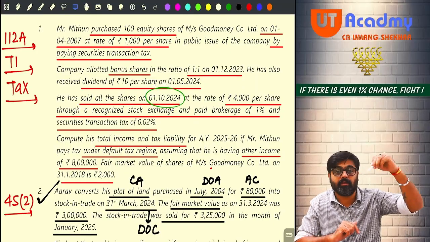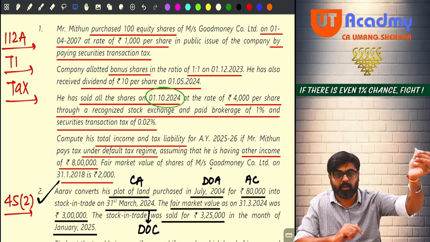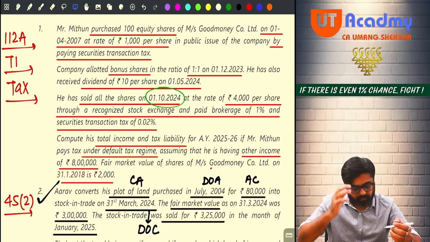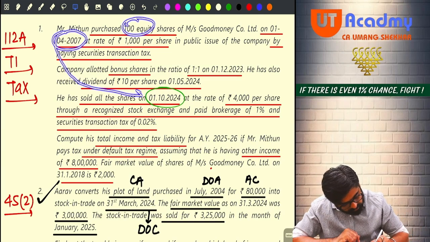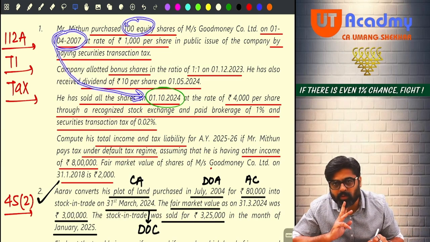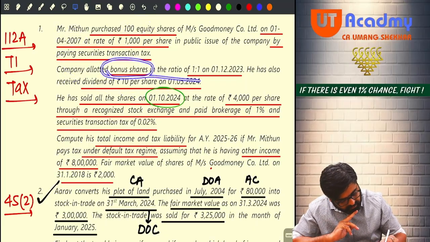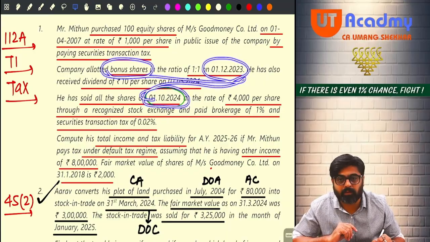All the shares means 100 shares which he bought and 100 bonus shares which was issued to him. So for these 100 shares, the period of holding will start from 1st April 2007 to 1st October 2010. For these 100 bonus shares, the period of holding will start from 1st December 2023 to 1st October 24.